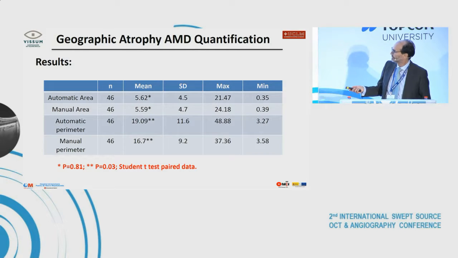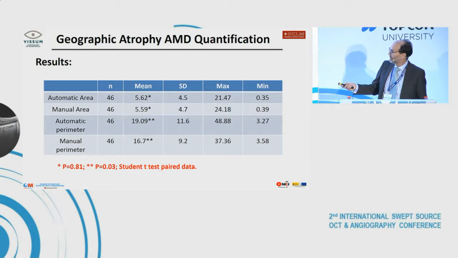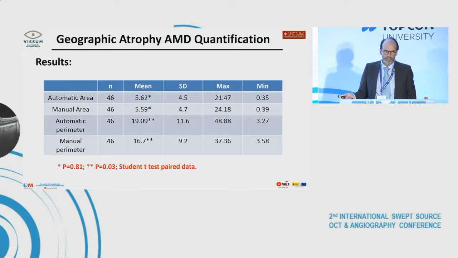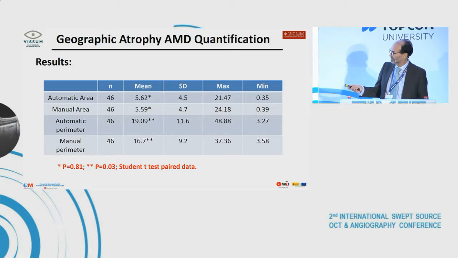These are the results. From 46 eyes, we have an automatic area of 5.62 square millimeters versus 5.59 square millimeters in manual area. The difference is not statistically significant, with very accurate results compared with the manual measurement obtained with fundus autofluorescence.